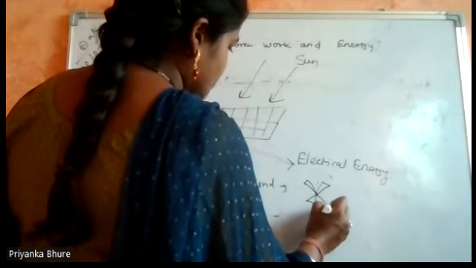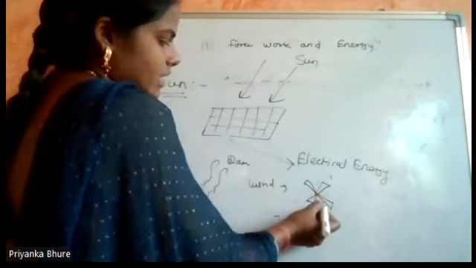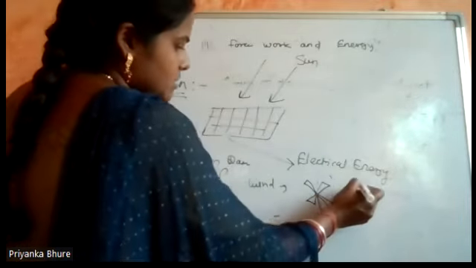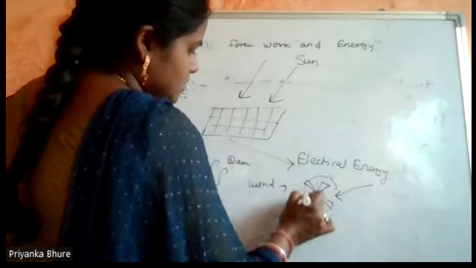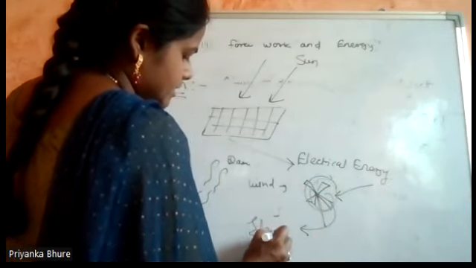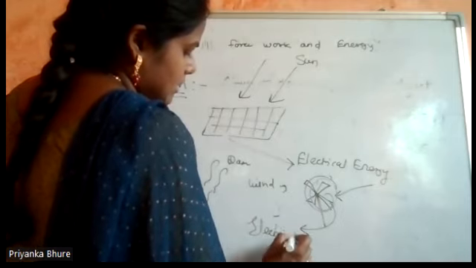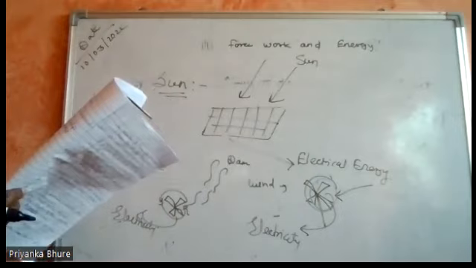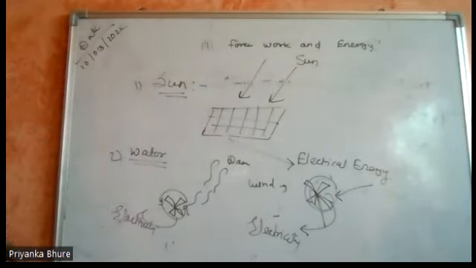Everyone knows the windmill, and in Gujarat, most parts have them. The blow of the air rotates the turbine, and the turbine generates electricity. Okay, so these are the sources of energy in detail.